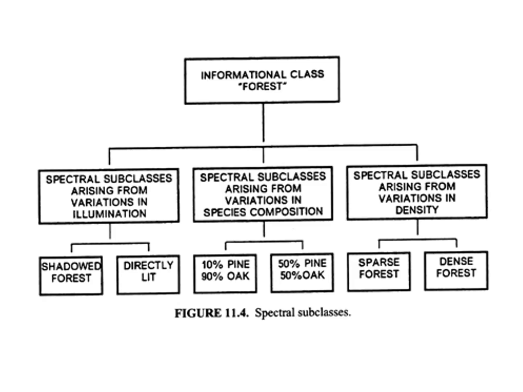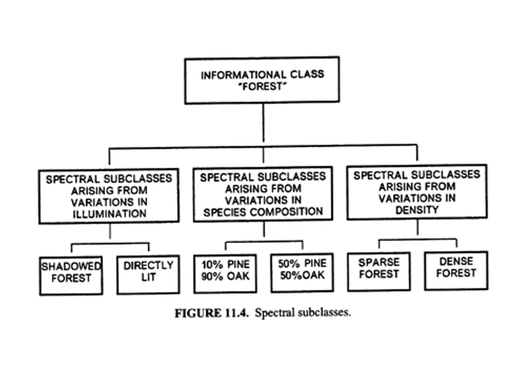So here's an example where that works. You have a single information class, forest. Then you might have spectral subclasses arising from variation in illumination, so shadowed or directly lit. You might have spectral subclasses that arise from variation in species composition, so one dominated by a broadleaf forest, or one where you have a pretty even mix of needleleaf and broadleaf forests. And then you might have subclasses that arise from variations in density.